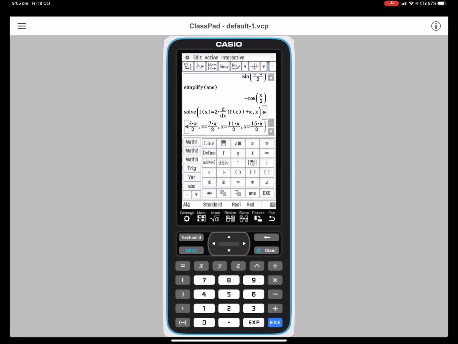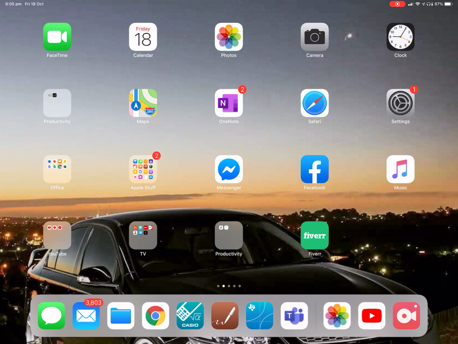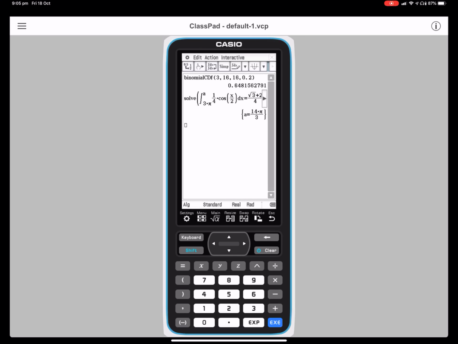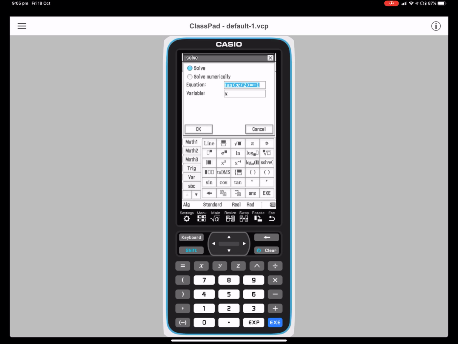So that gives us the same thing. And let's see, tan x on 2 equals negative 1. Oh, you stupid thing. That's going to have lost everything. So let's try it. Tan x on 2 equals negative 1. Solve. We'll go from 0 to 8 pi.